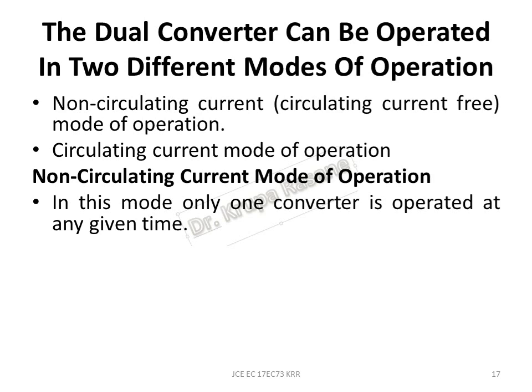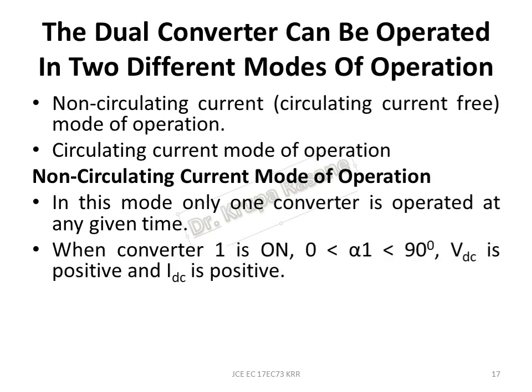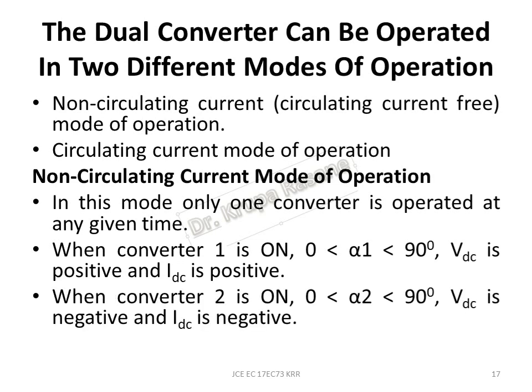One is on, the other is off. When converter 1 is on, alpha 1 is between 0 to 90 degrees and VDC is positive, because it operates in the first quadrant, and IDC is also positive. When converter 2 is on and alpha 2 is between 0 to 90 degrees, VDC is negative. This is the third quadrant, and IDC is also negative.